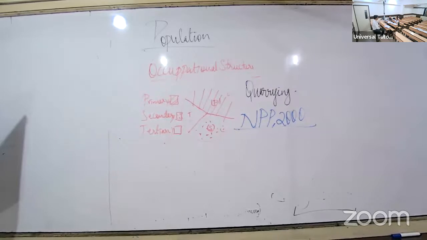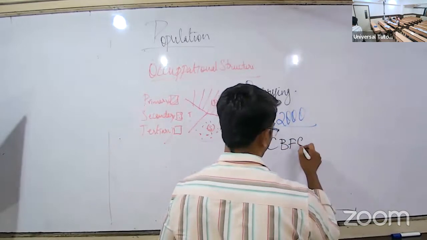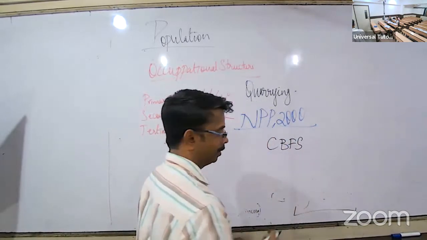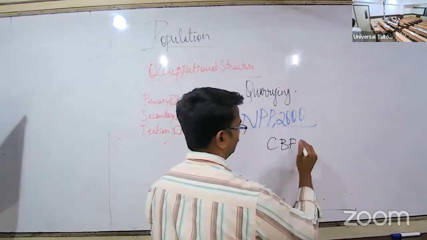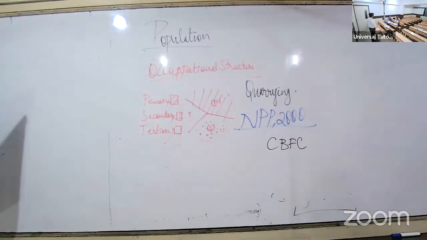Because when you go for a movie, that CBFC rating certificate आता है. What is CBFC full form? So CBSE मालूम है, CBFC नहीं मालूम है. CBSE का full form बोलो. Central Board of Secondary Education. Very good.